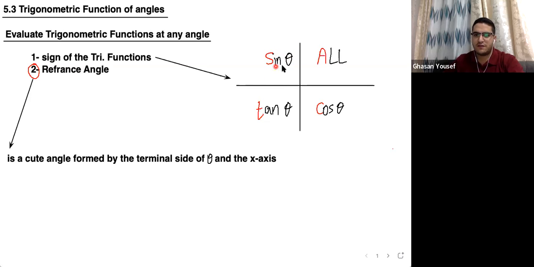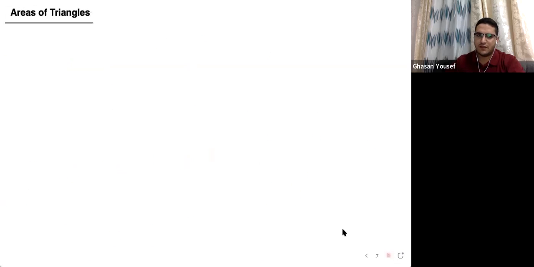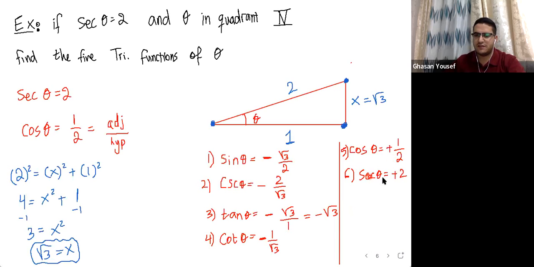The reciprocal of sine, cosecant, will be positive. The sine and its reciprocal are positive, and all the rest are negative. That's why here the cosine and secant are positive, and all the others are negative.